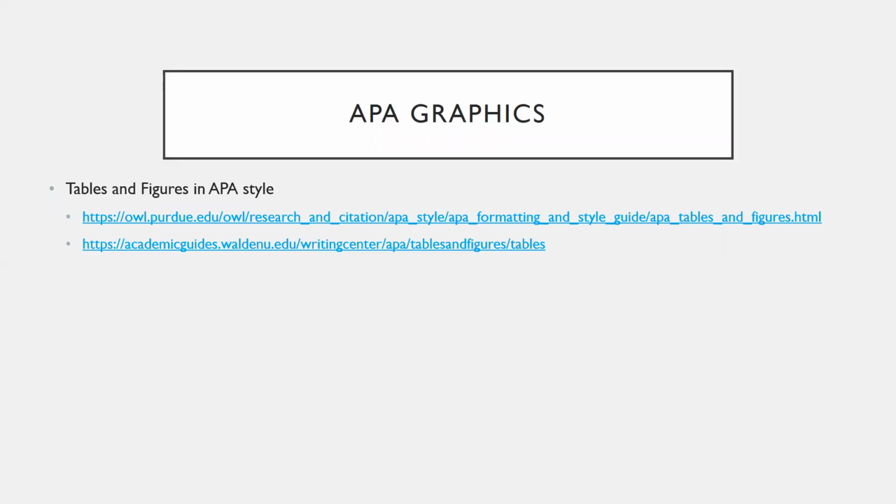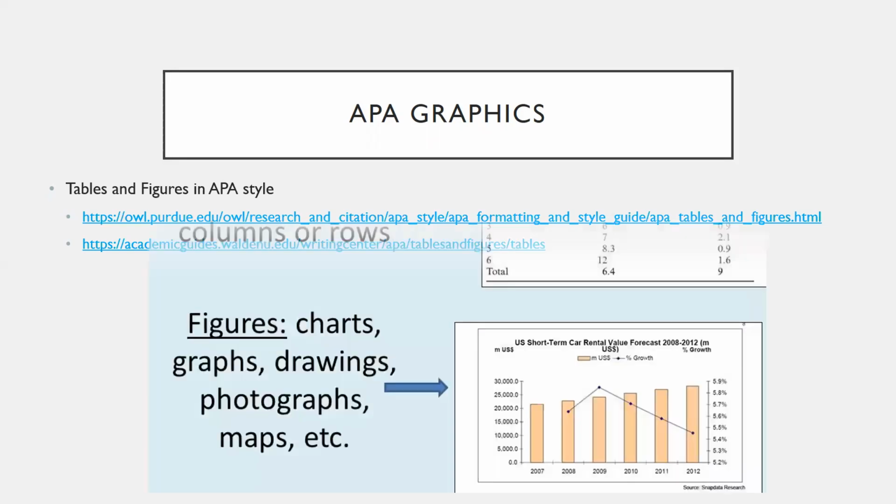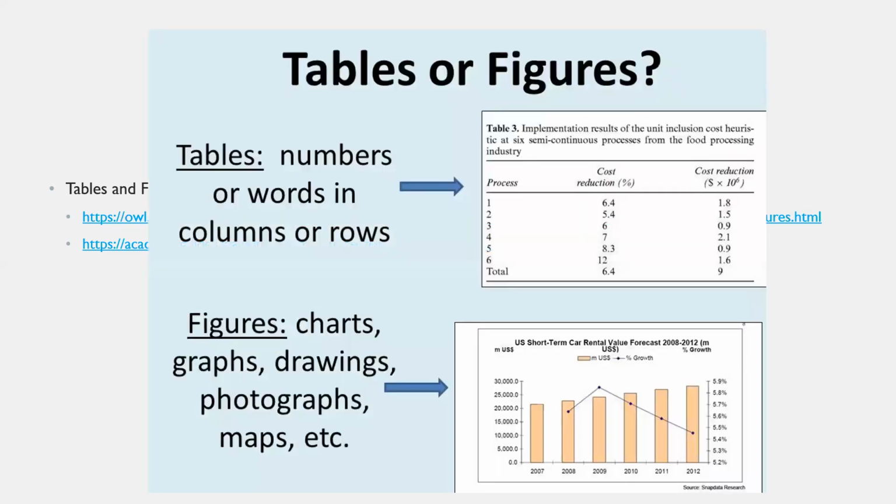So then graphics, on the other hand, APA graphics you can think about as being either tables or figures. And these are two different approaches for visualizing your data. And there's different little bits of APA formatting that go into each. The basic difference between a table and a figure is that a table depicts numerical information.